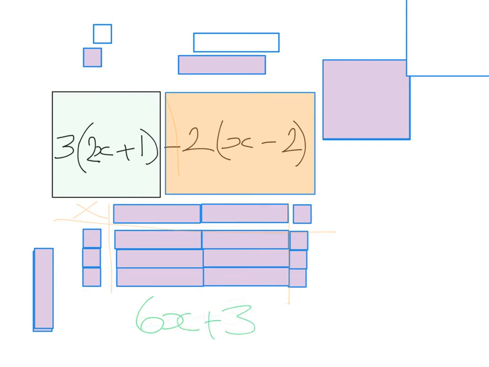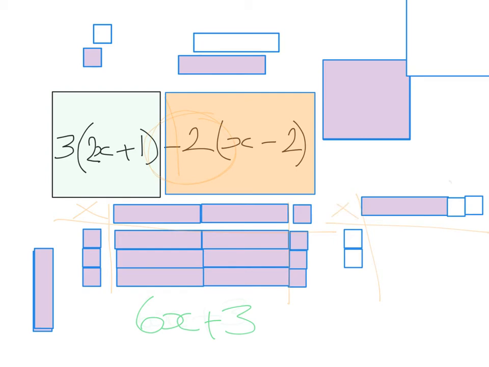Okay, now let's try the orange part. We've got negative 2 multiplied by x minus 2. So you've got negative 2 multiplied by x, let's give it a bit more space, x minus 2, like that. Let's see if we can remember how to do this.